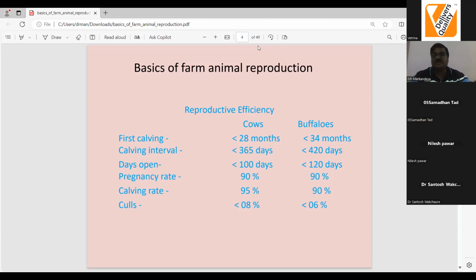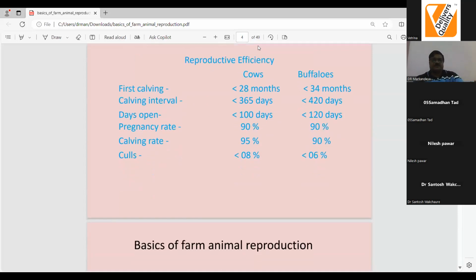On the basis of poor reproduction, less than 8% of animals should be culled from the farm. Culling is not killing; culling means removal from the breeding policy. Less than 8% should go out on the basis of reproduction, and in buffaloes less than 6%, because buffalo reproduction is more precious than that of cows. Next important. Next slide, please.